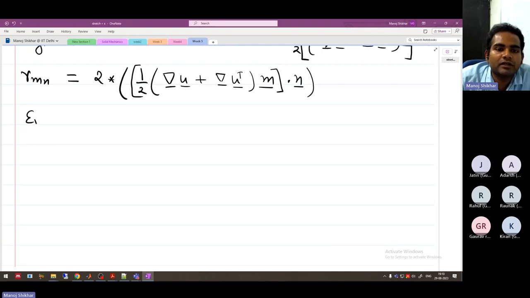And epsilon V, the volumetric strain, is what? Trace of 1/2 of gradient of U plus gradient of U transpose.